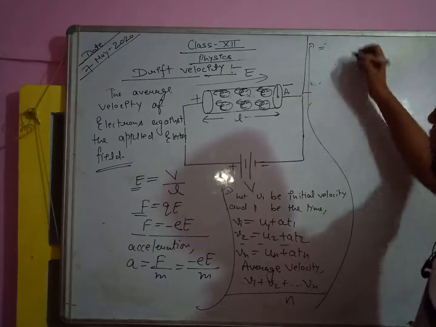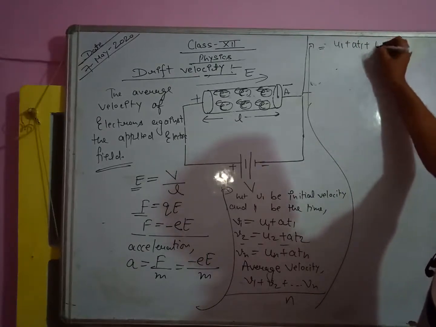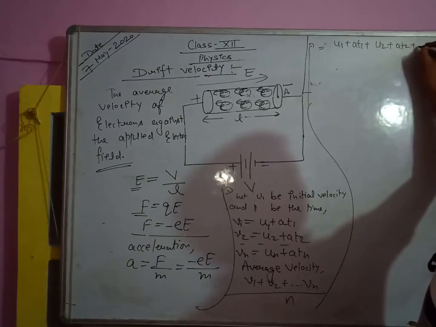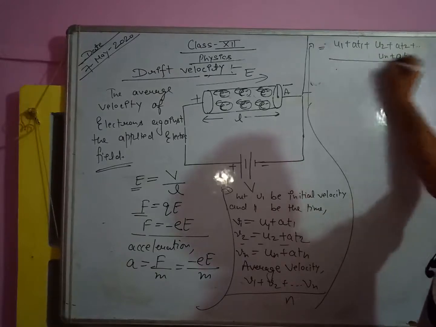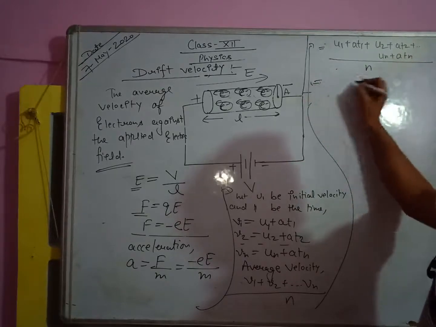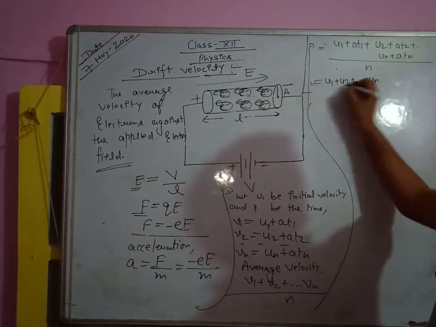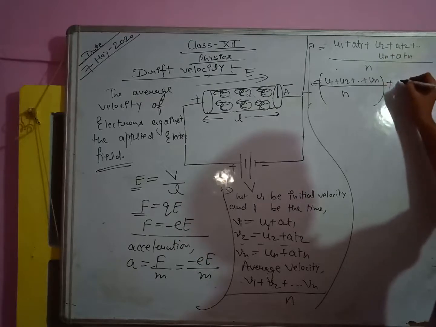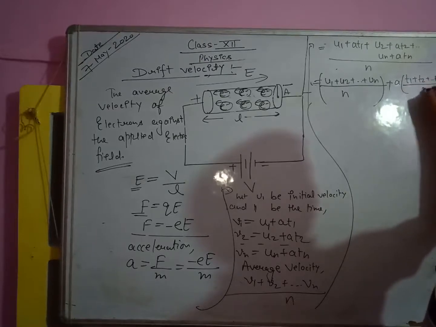In place of v1 there will be u1 plus a t1, plus u2 plus a t2, up to un plus a tn, divided by n. Now take u1, u2 up to un in one bracket divided by n, plus a, if you take it common, times t1 plus t2 up to tn divided by n.